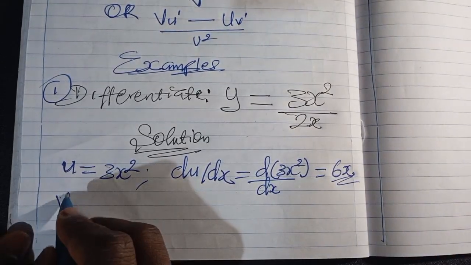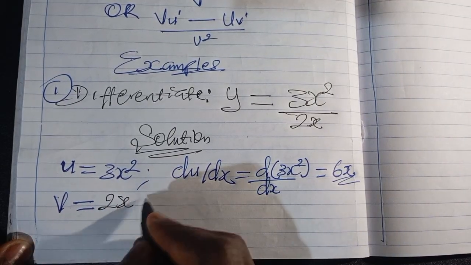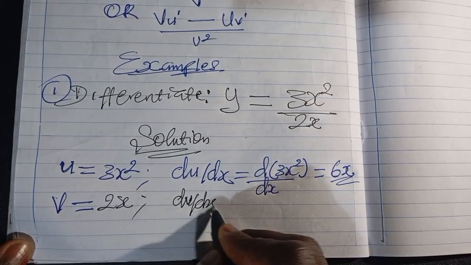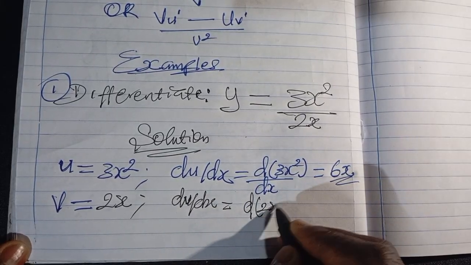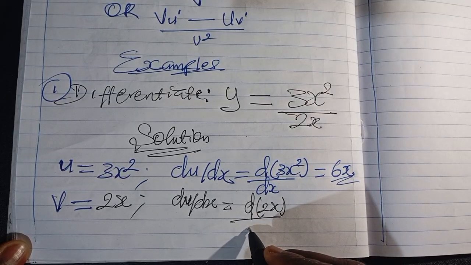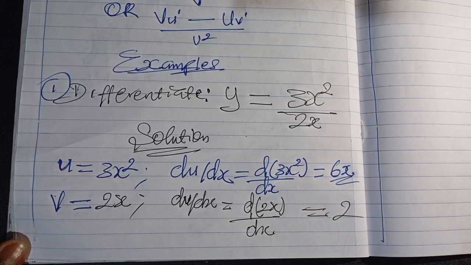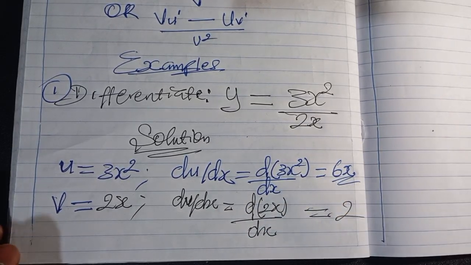Similarly, our v is equal to 2x, so that dv/dx gives us 2. So we are going to substitute these values in the general formula.